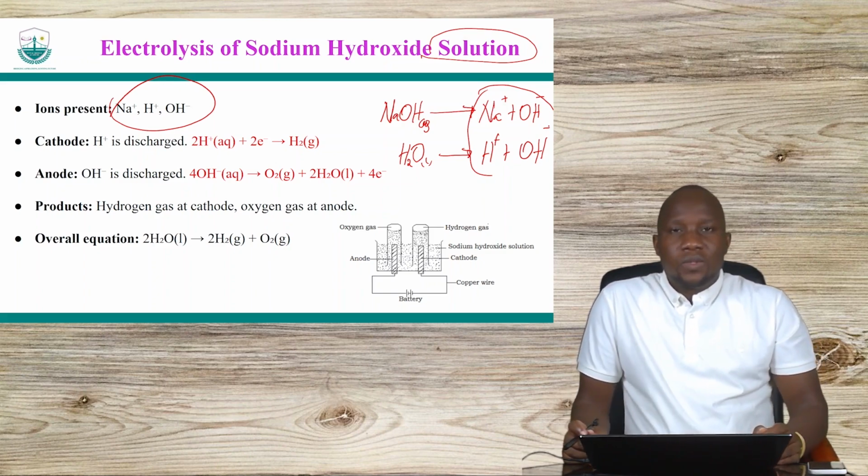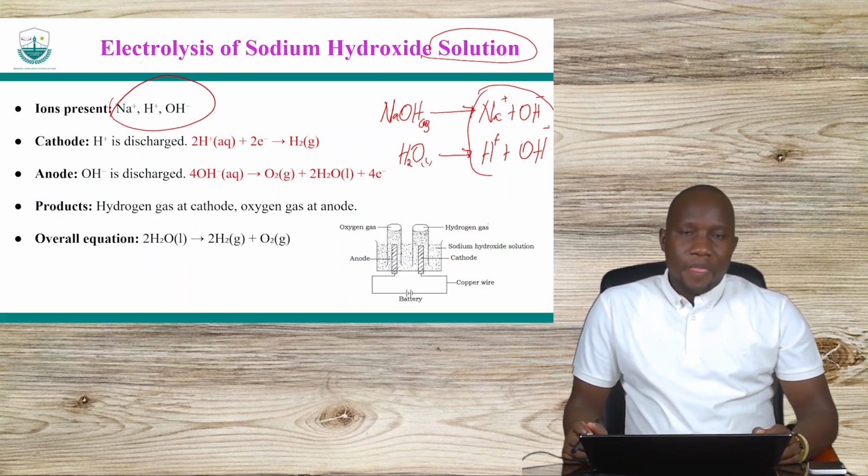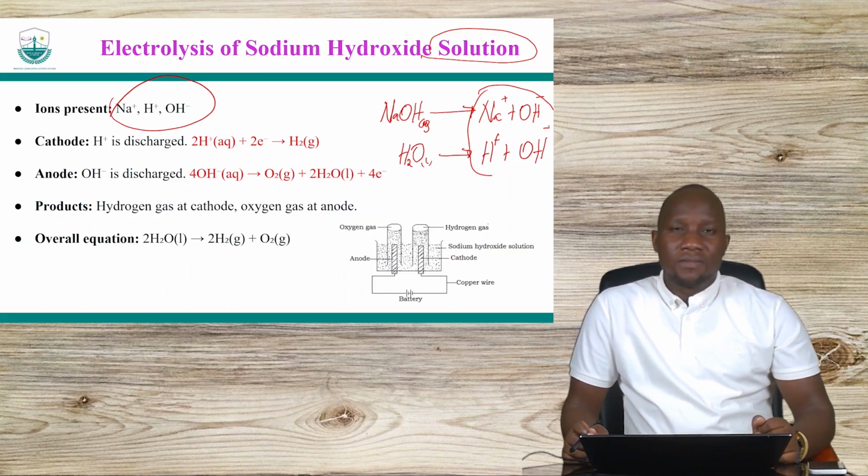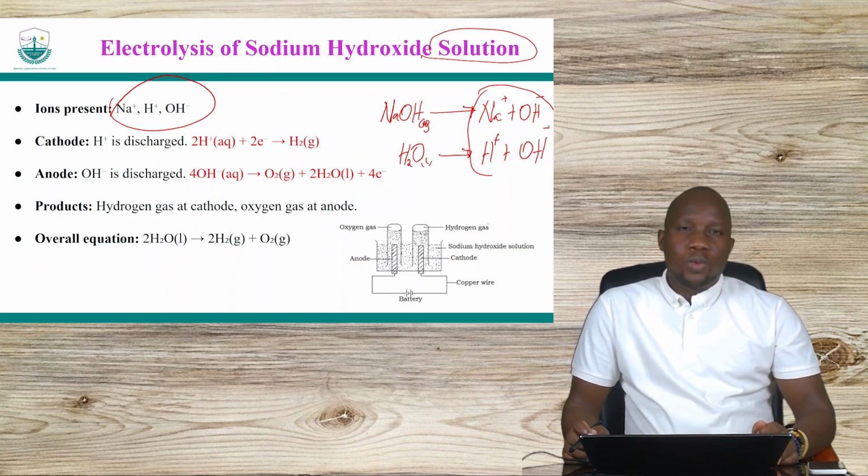So still the rules apply. The positive ions move to the negative electrode, which is the cathode. The negative ions move to the positive electrode, which is the anode. Then we have preferential discharge happening following the rules that we talked about.